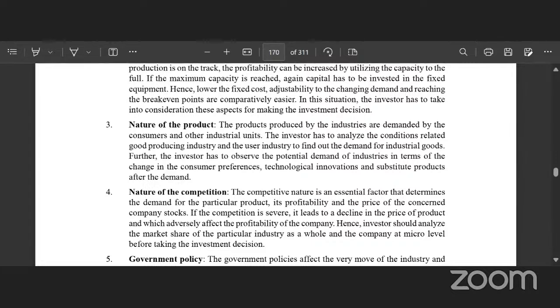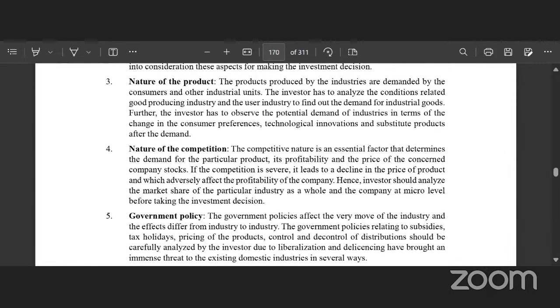If the hyperloop becomes reality, you can travel from Mumbai to Delhi in 1 hour, at an affordable price, which is also environment friendly. So the biggest threat the airways are facing now is not from their own competitors, it's from the hyperloop. So you should understand the nature of the product and the demand for the product.